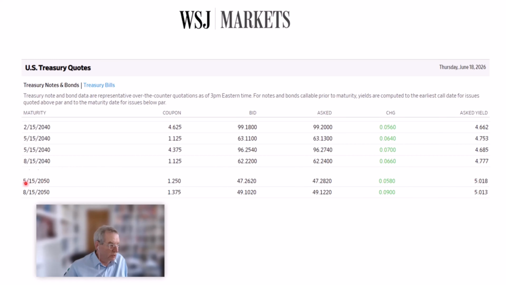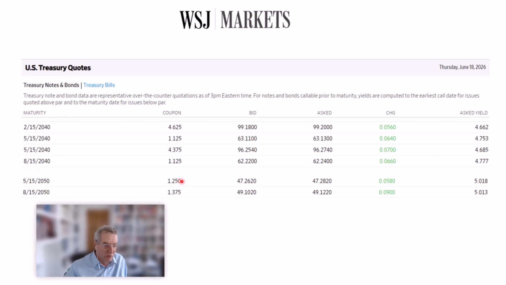Let's say we take this bond, which matures on the 15th of May 2050, which is roughly 24 years from this date here. And that bond also had a very low coupon on it. It was issued during the beginning of the COVID period when rates were very close to zero, and even coupons that were attached to long-term bonds were low.